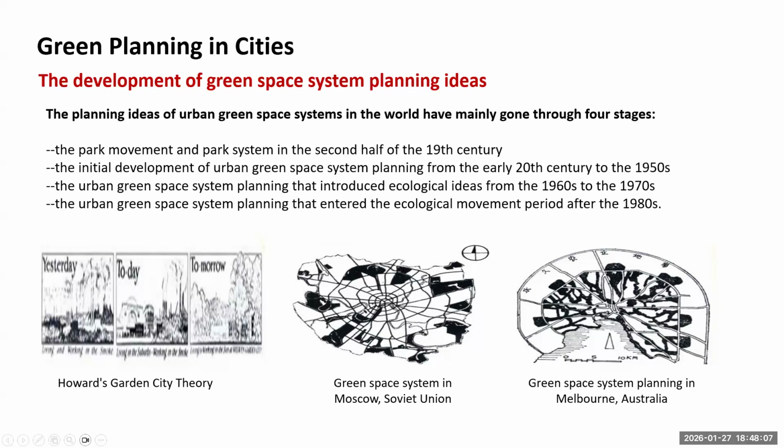And after the 1980s, urban green space system planning entered the ecological movement period. So that's a basic understanding of the development of green space system planning in our cities.